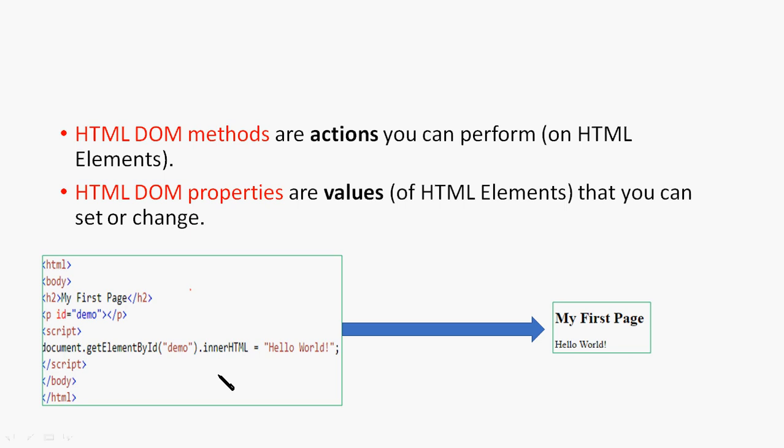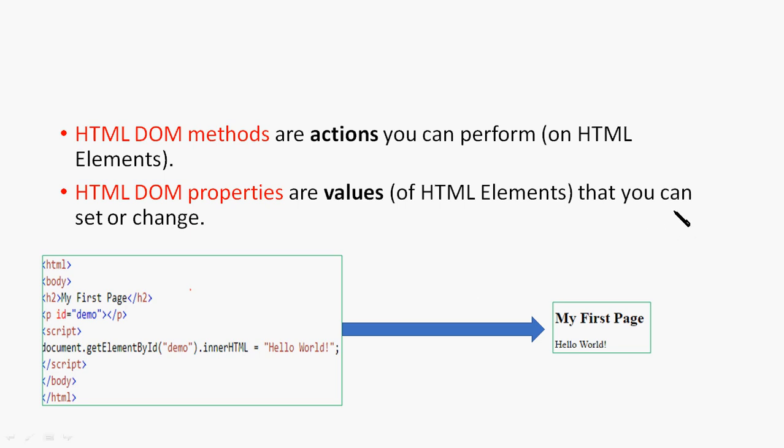The HTML tag paragraph is accessed and it will show the hello world. So in order to get here we are using two HTML DOM features: one is the HTML DOM method, that is getElementById, and the HTML DOM property, that is innerHTML.